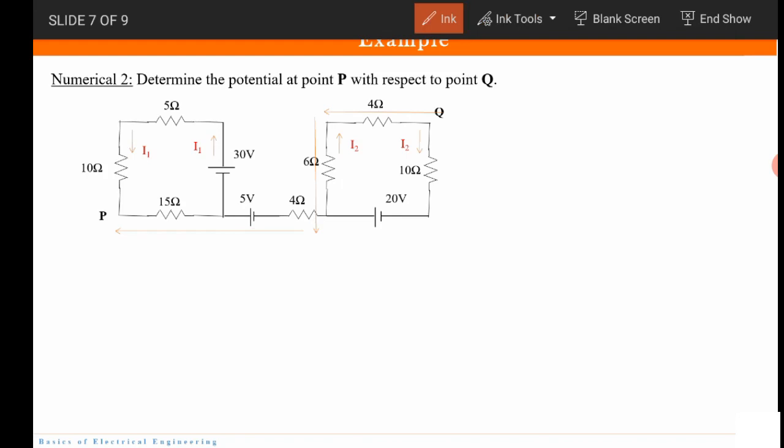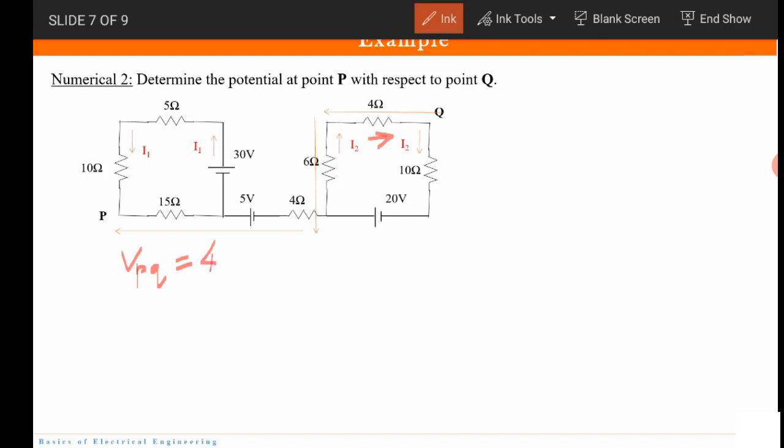It is moving from Q to P, so we have to write the KVL equation for that. Remember, we are moving from Q to P. So what is going to be the potential equation? We are going in this direction, but the current flows in this direction, so we are moving in the opposite direction, so we have to take it to be positive.